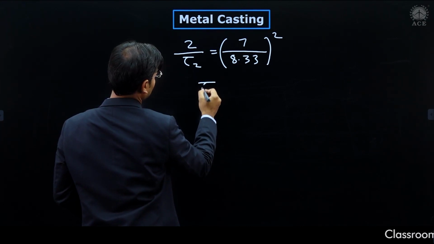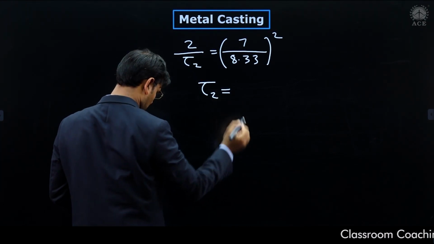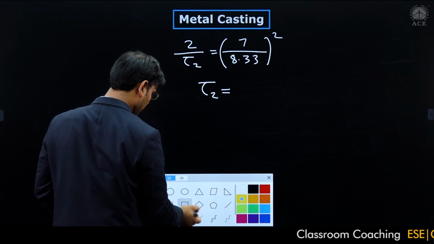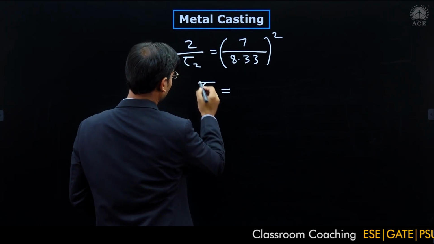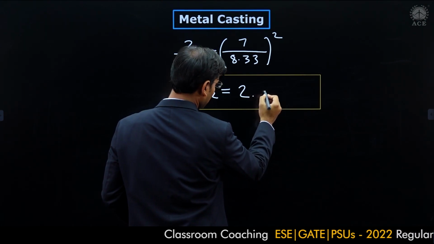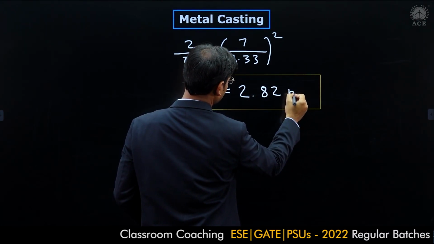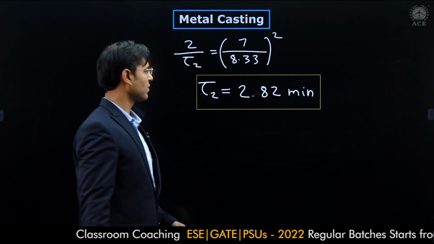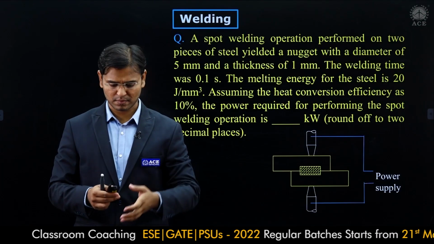From that we get the value of tau 2 in minutes. Just calculate that, and you will get tau 2 as 2.82 minutes.